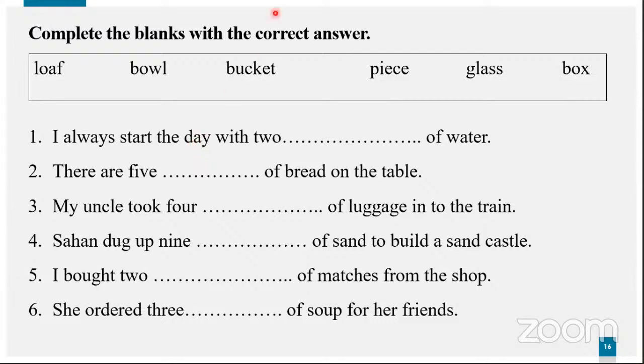I will enable the chat here so you can put the answers there. Right, thank you very much for the answers. Right, thank you.